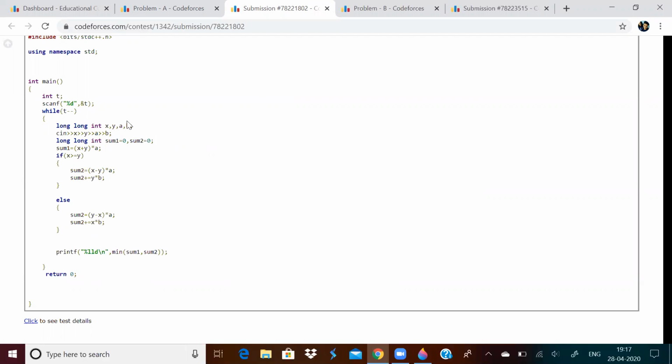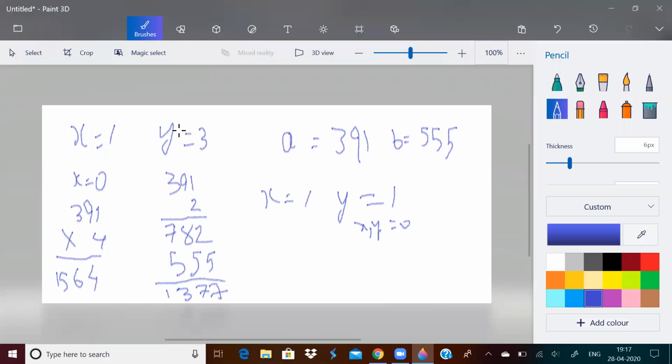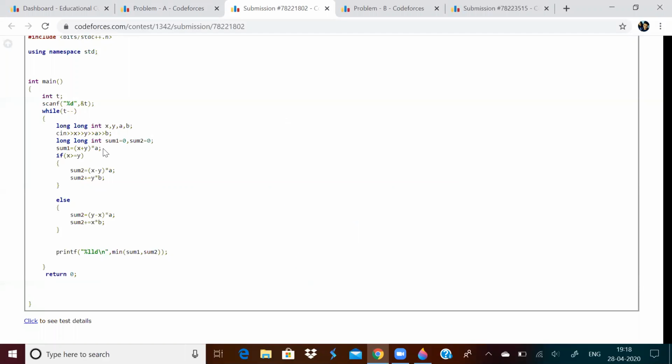My sum1 is x plus y into a, which basically means I am using the first operation for both the numbers until both become 0. For example, if x is 1 and y is 3, I need to do the first operation 4 times. That is why I have written sum1 is x plus y into a.